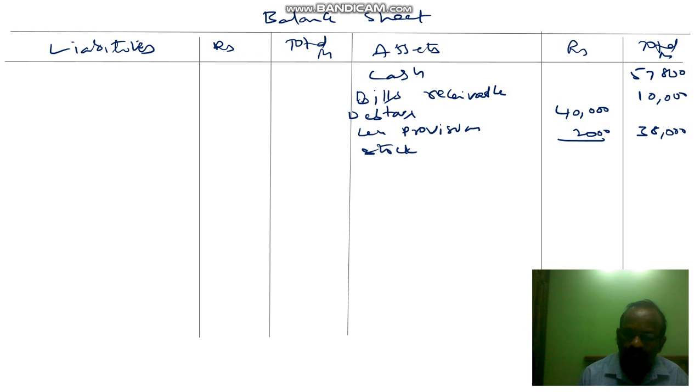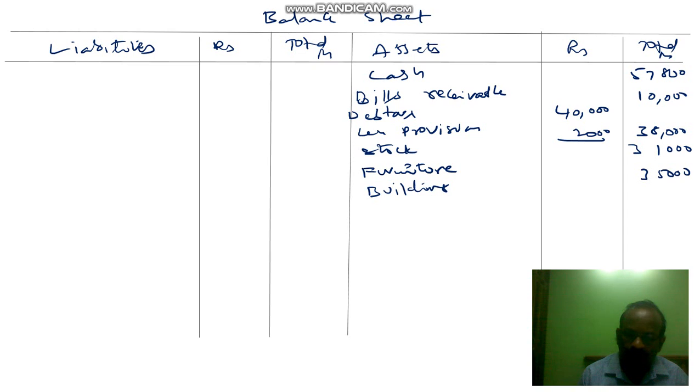Stock is 31,000. Next is furniture. Here the furniture is 35,000. Buildings.